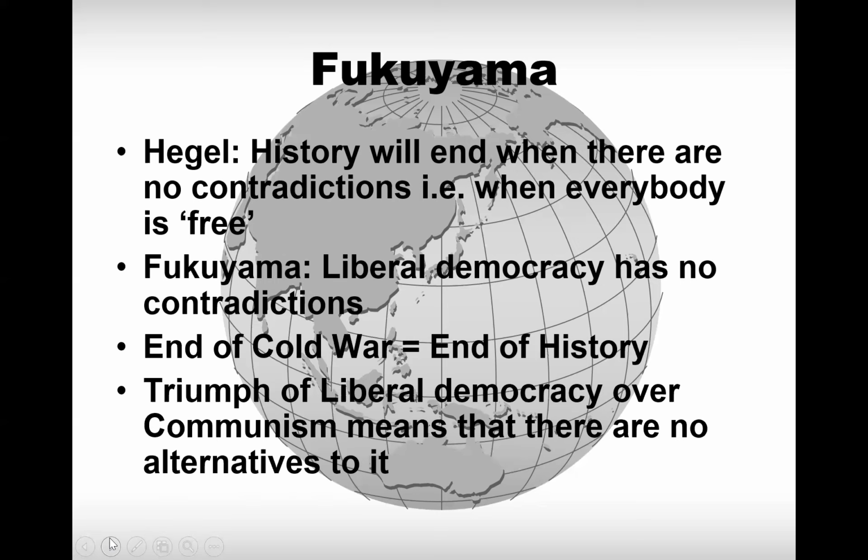This is very different from the view, let's say, of Vladimir Putin, who believed that communism basically collapsed. It collapsed from within. And this was not linked to the popularity of ideas of liberal democracy. So Fukuyama's argument is the triumph of liberal democracy over communism means that there are no alternatives to it.